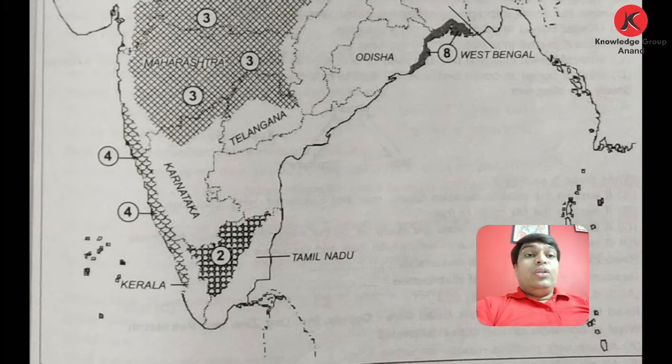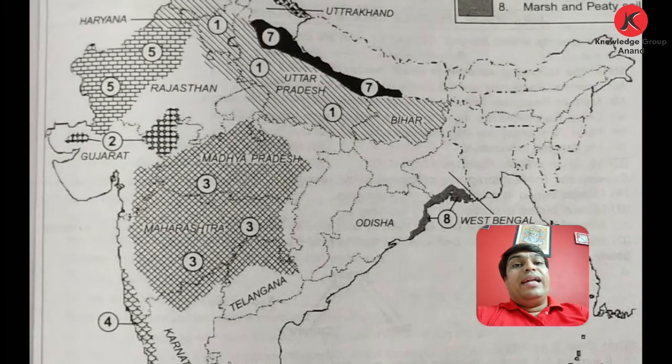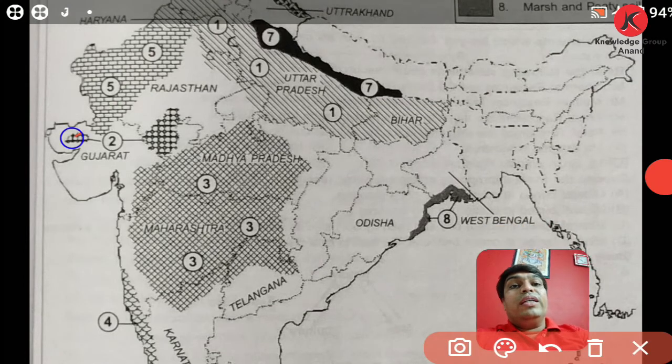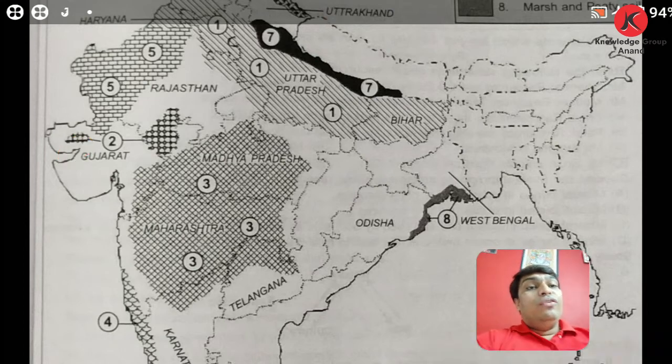But friends, again as with the alluvial soil, you can show some region. Here you can see in Gujarat also, in some part, this red soil is present. So friends, you can show any region for the location of this red soil when it is asked in your question paper.